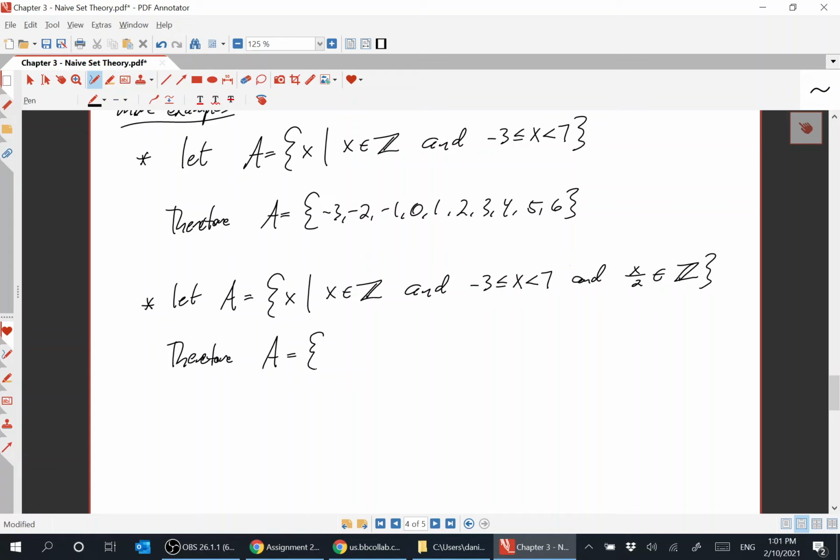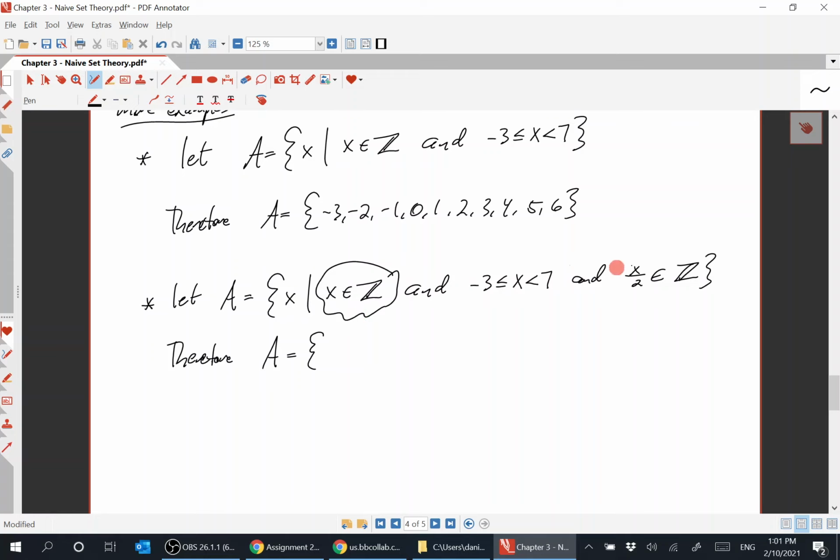Well, it's the same as the set before, except I made this new condition: x over 2 is an integer. What's that mean? That means you're not including all of the rational numbers between -3 and 7. It's gotta be an integer to start with.